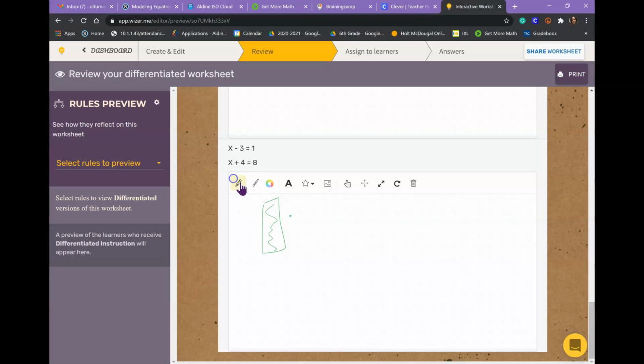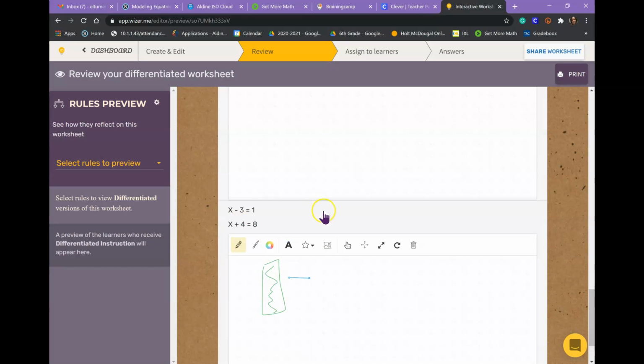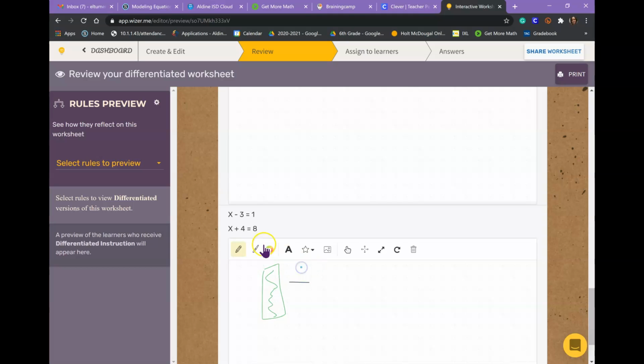So since I'm subtracting, I'm going to write minus. Then my next step, I'm going to be taking away 3. So I'm going to draw 3 little squares here. Then it says equals, and remember the equal sign just looks like this.